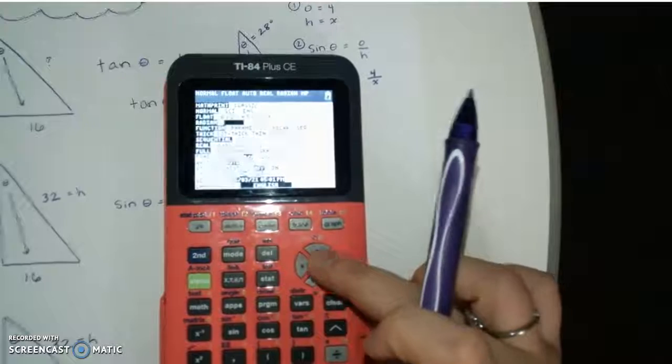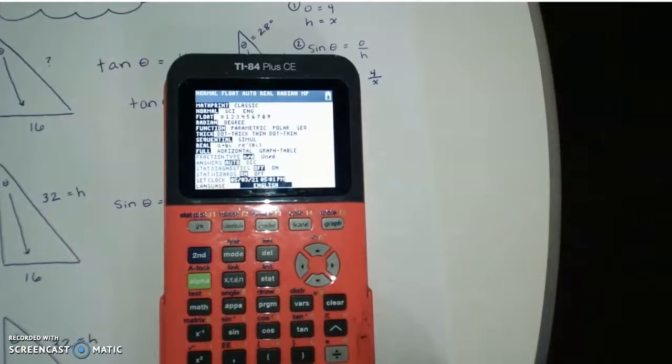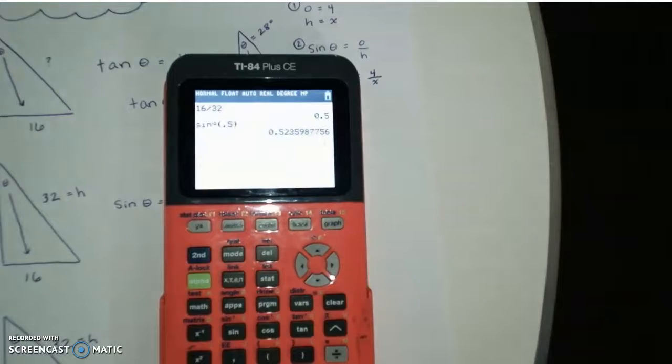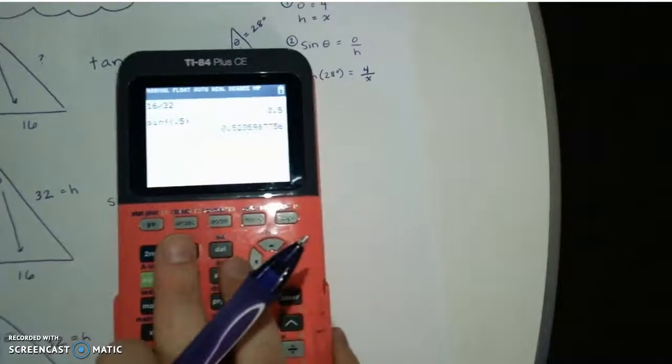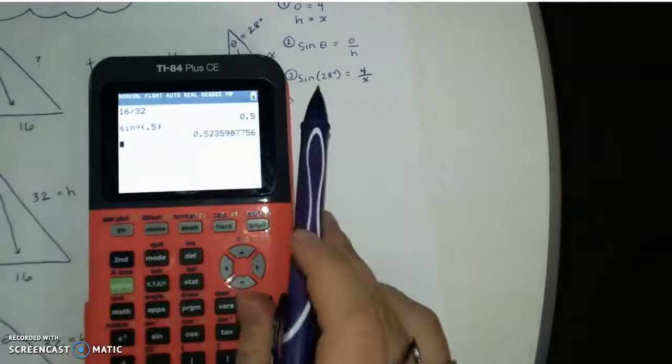We want to turn that into degrees. So now every time my calculator gets a number with its sine, it's going to know that I'm talking about degrees.